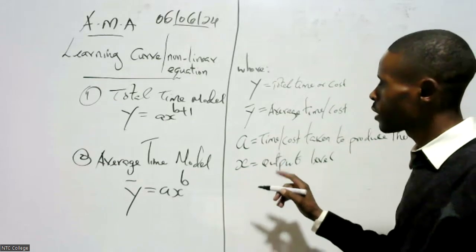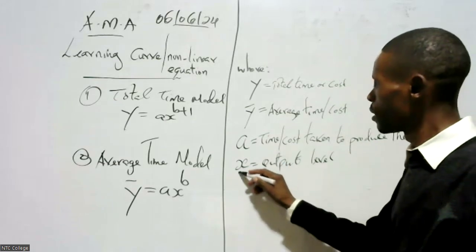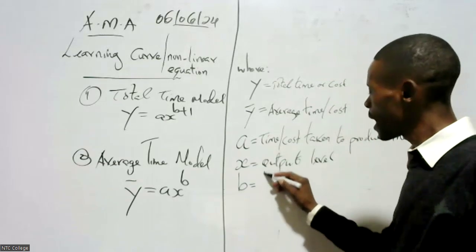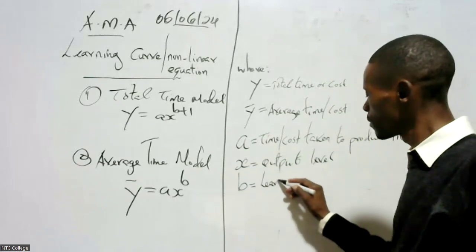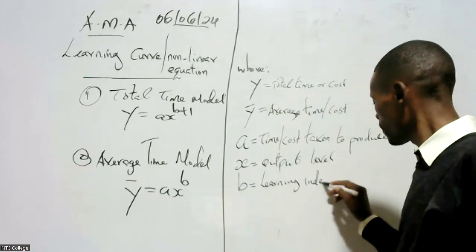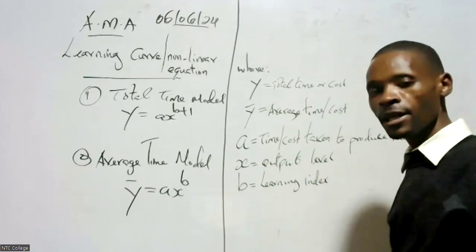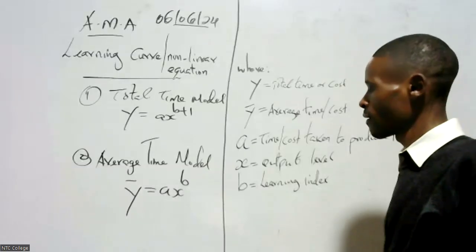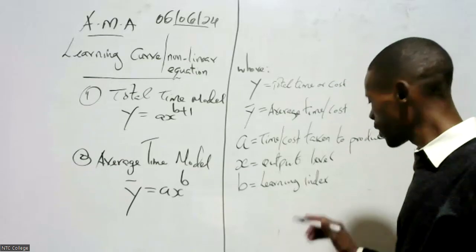Then we have another one which is very, very paramount, b. We call it the learning index. And how do you get it?